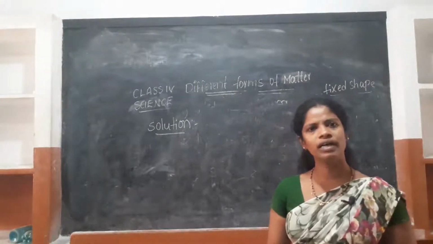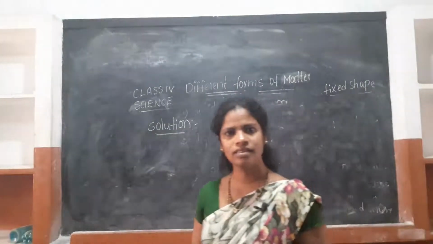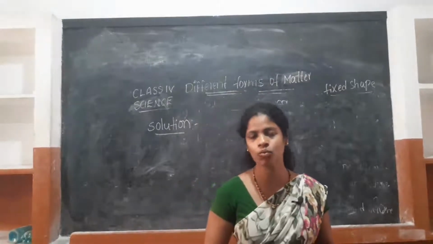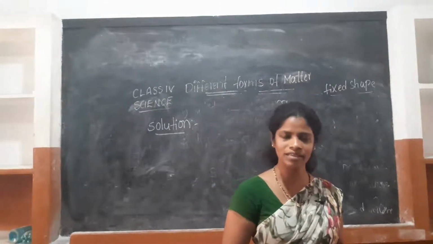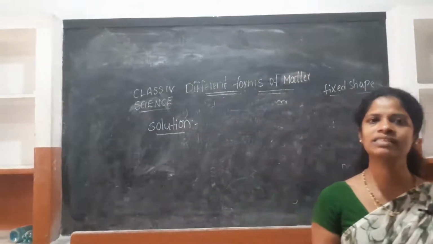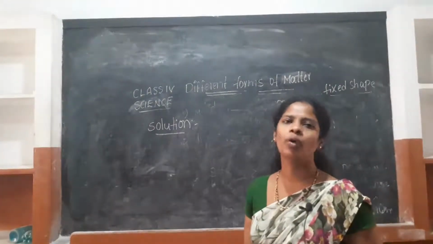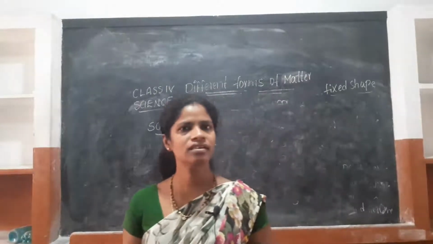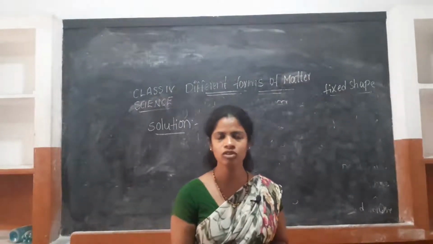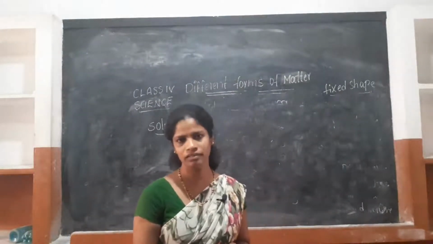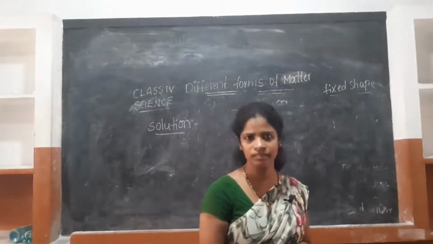So, what you understood, children, from these examples? What I wanted to tell you is that solids, liquids and gases will mix with one another. Sugar solution, we are adding solid to the liquid.